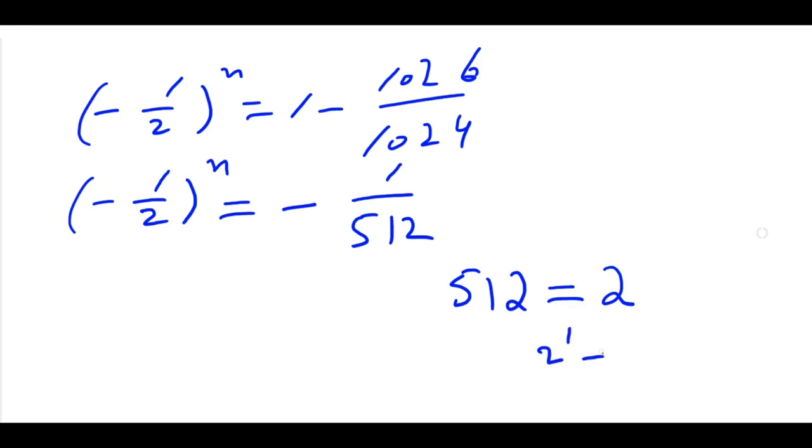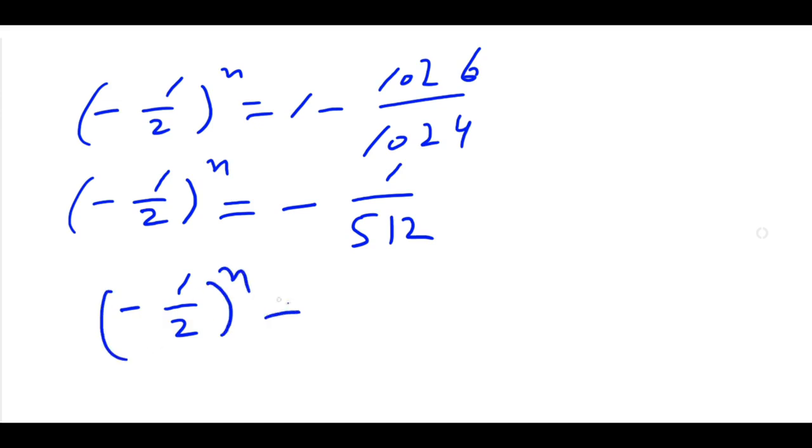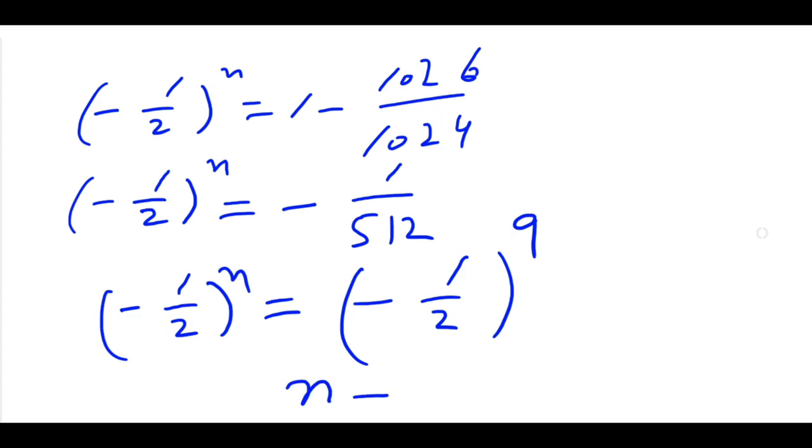Try 2^1 is 2, 2^2 is 4, and so on. So 2^9 is 512, which means 2^9 satisfies the condition. So this becomes (-1/2)^n, and this becomes (-1/2)^9. The bases are the same, so now I can equate the exponents. So n is equal to 9. This is my final answer.